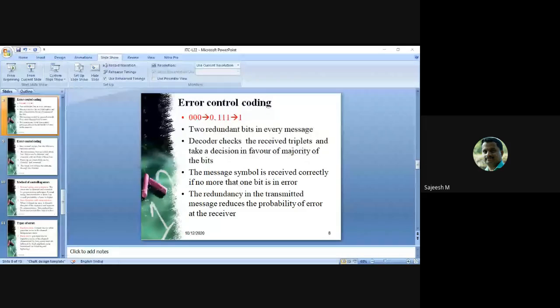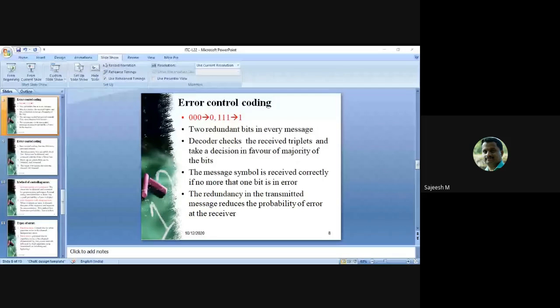Zero is coded as 3 zeros, 1 is coded as 3 ones, and then transmitted. That is, 2 extra bits are added, and at the receiver end it considers 3 bits at a time and takes a decision in favor of the majority of bits.